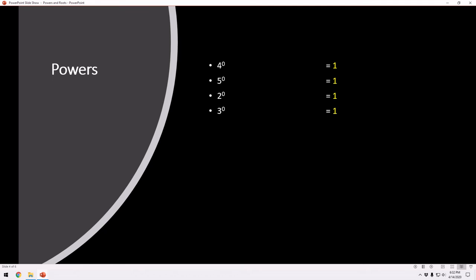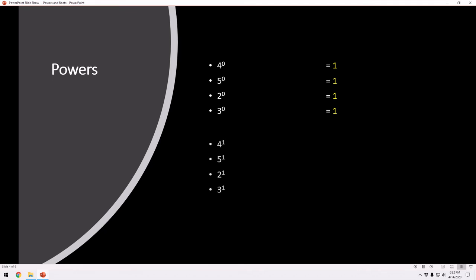That is correct. Some students tend to get confused and put a 0, but no, it's actually 1. Any number, any base, any integer elevated to the 0 power is always going to be equal to 1.